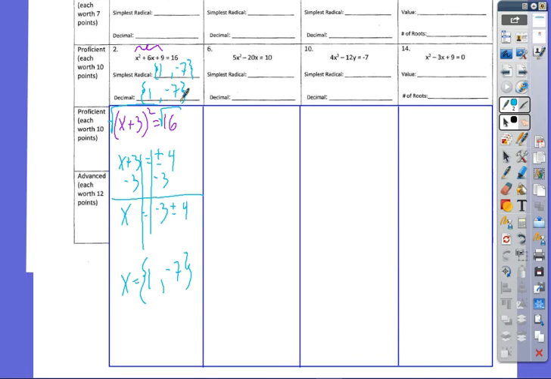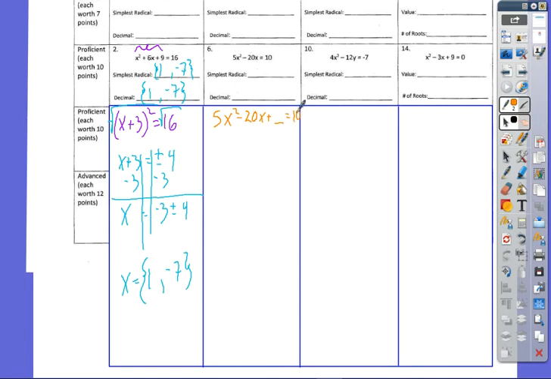Okay. Eureka, I have found it. Dorito, I have found it. Problem number 6, we are asked to solve using the process of completing the square. So we are going to complete the square. So we know that we have 5x squared minus 20x plus something, because I'm completing the square, is all equal to 10.